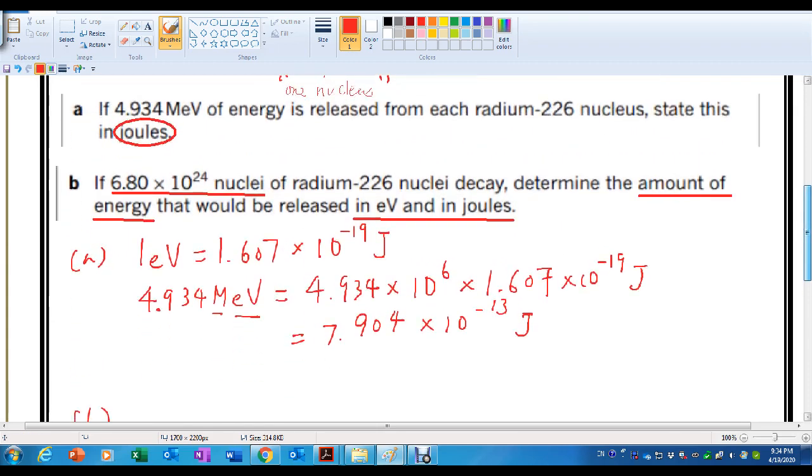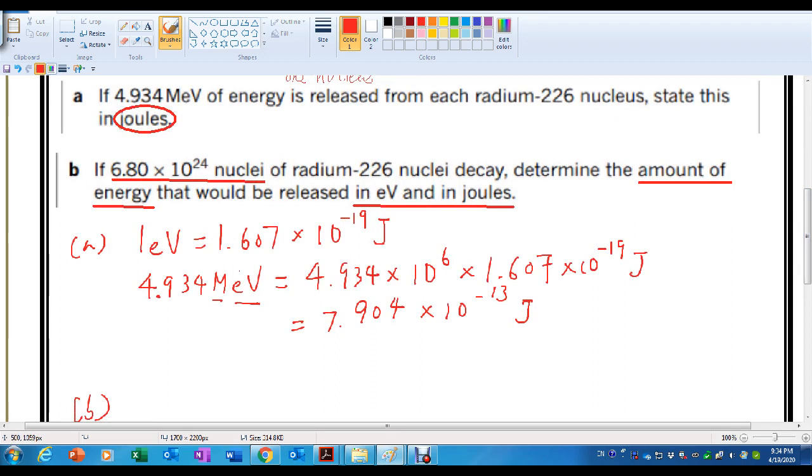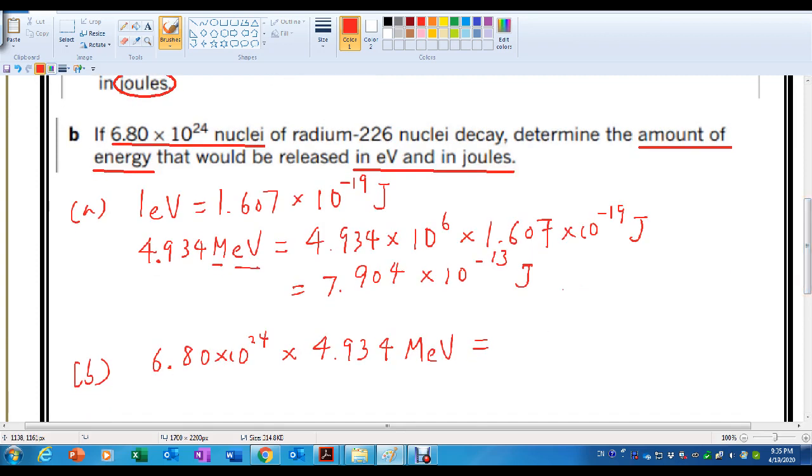In terms of electron volts, we're going to do this: 6.80 times 10 to the power 24, times the energy released by one nucleus. We just multiply them. By doing so, you will have 3.355 times 10 to the power 25 MeV.